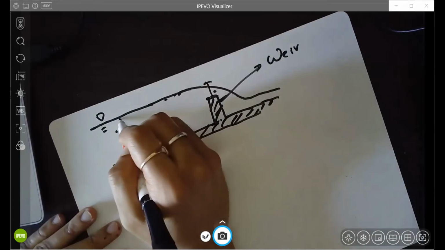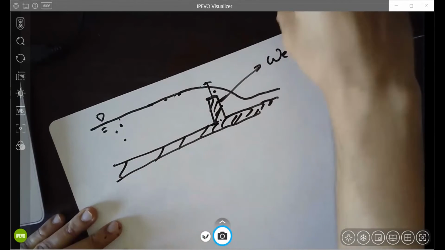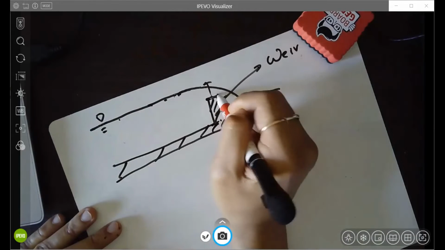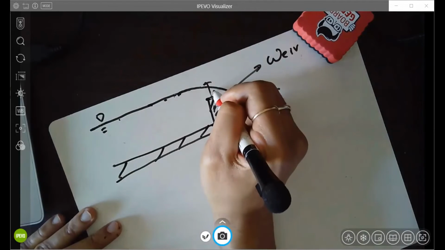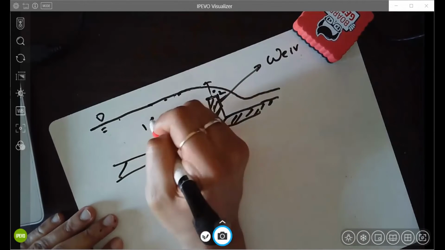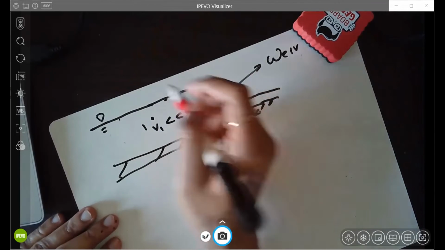Because in both cases, if you take these 2 points, everywhere the Bernoulli equation is valid. Here and here, take point 1 and point 2. The velocity out here, V1, is much less than V2.